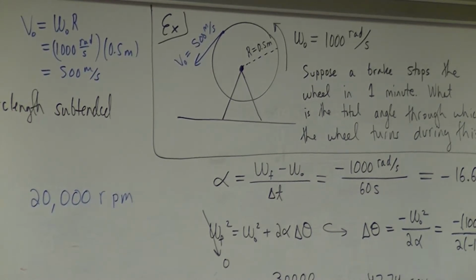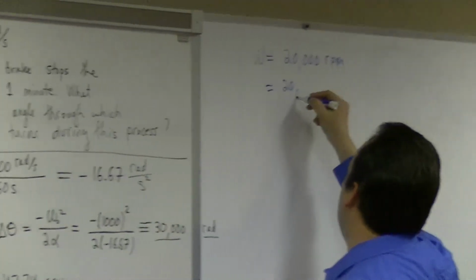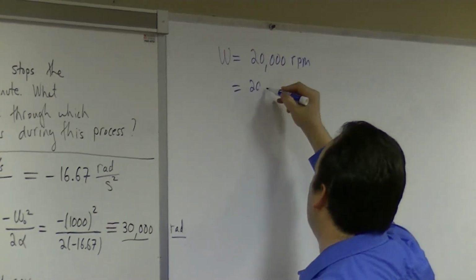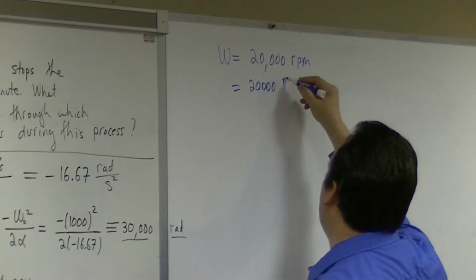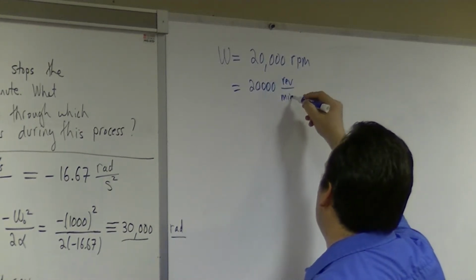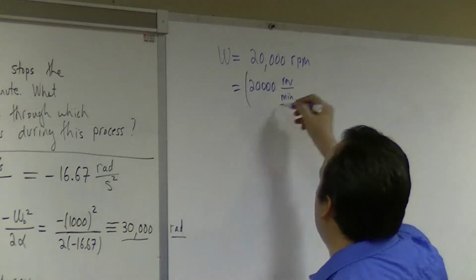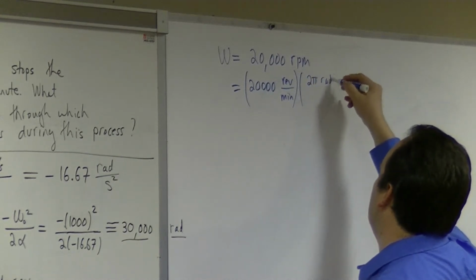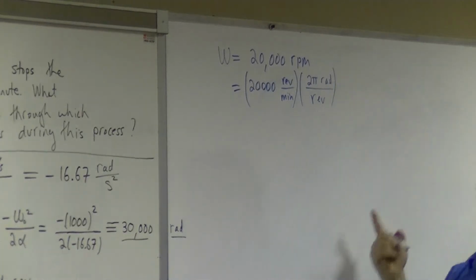Let's see here, so omega equal to 20,000 RPM. Revolutions per minute, that's revolutions over minute. I think RPM is a useless notation. It has no mathematical content. So this is 2 pi radians in 1 revolution, which will cancel my revolutions and replace them with radians.